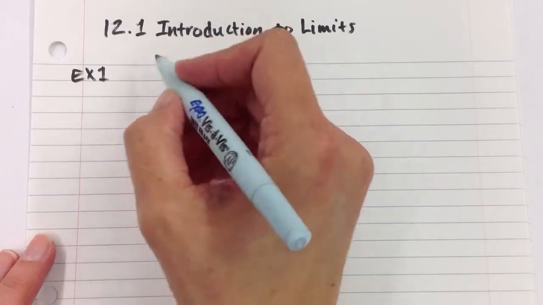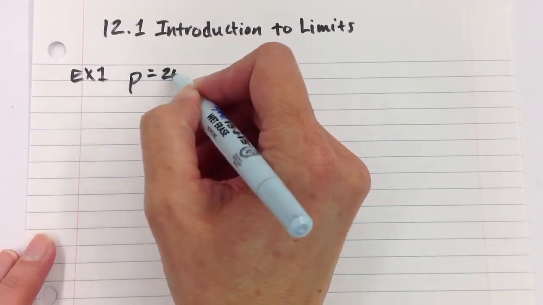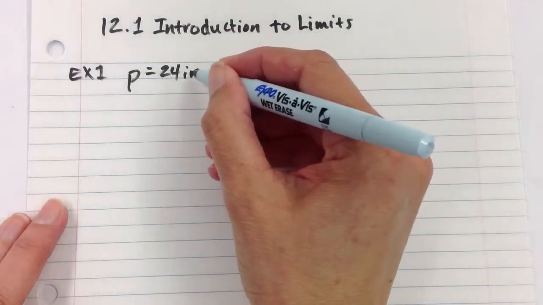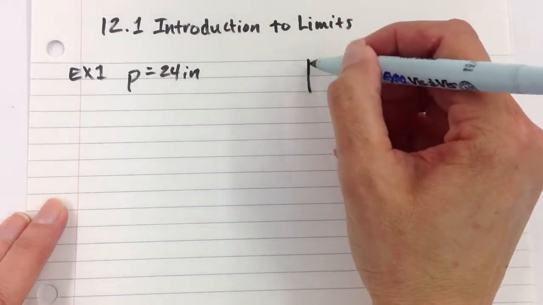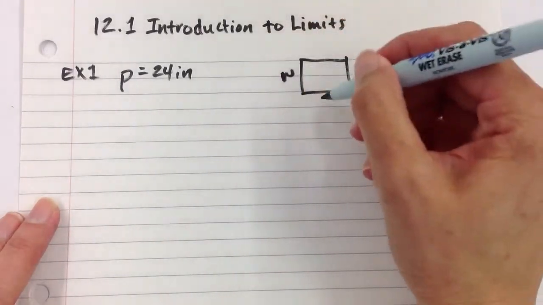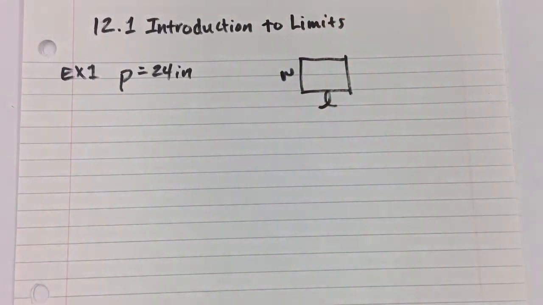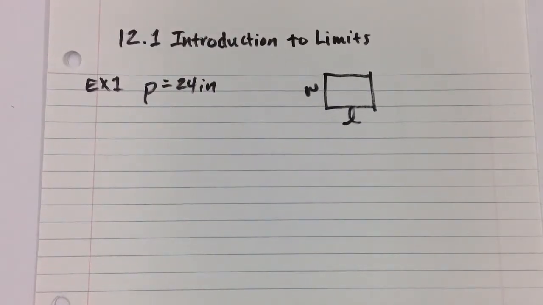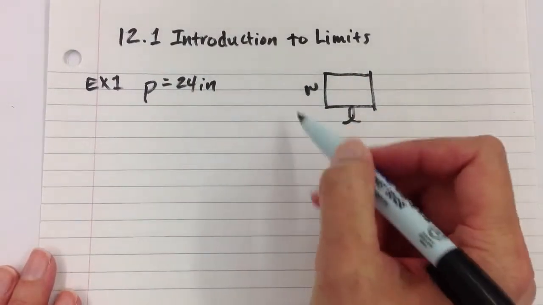So let's write example 1. We have our perimeter of our rectangle is 24 inches. And let's draw our rectangle. Generally, a rectangle has a width and it has a length. And so how do we find the perimeter of a rectangle?